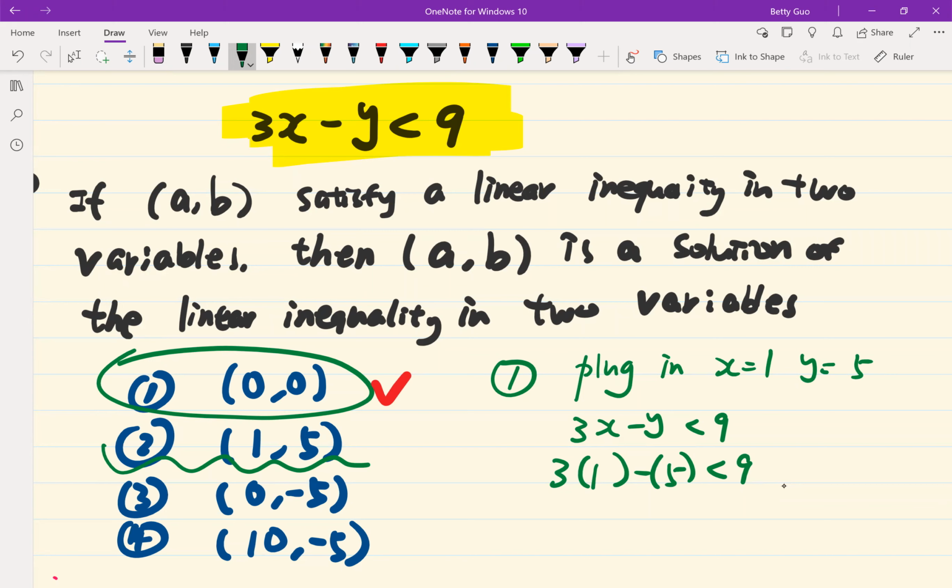Sarah, do you have an answer? Not yet? Okay, take your time. Sammy, what do you have? You plug in x equals 1, y equals 5. Do you have a contradiction or true statement? Angela?